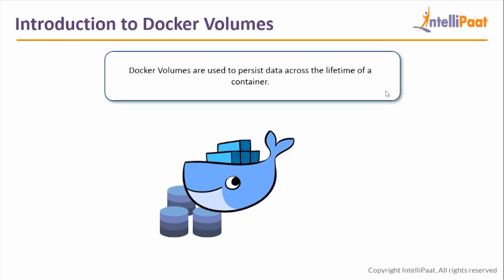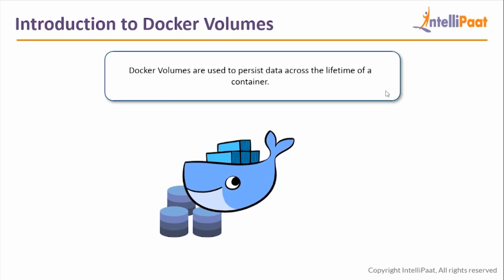What you do, you delete the container and you launch it again. But with that, what happens is your website content is also deleted. And if your website content is not present in this new container, it becomes a problem. So to solve these kinds of problems, we came up with Docker volumes.